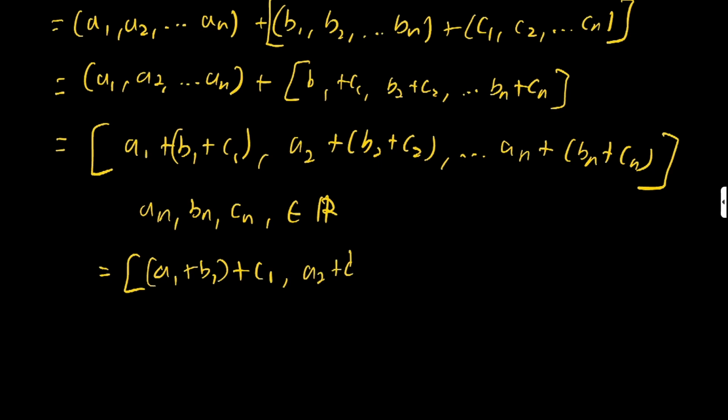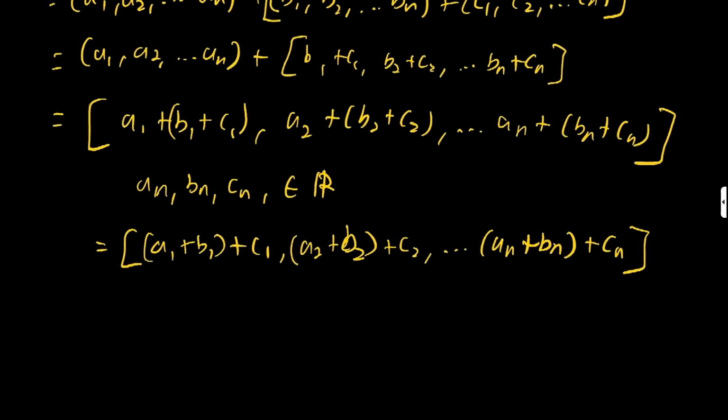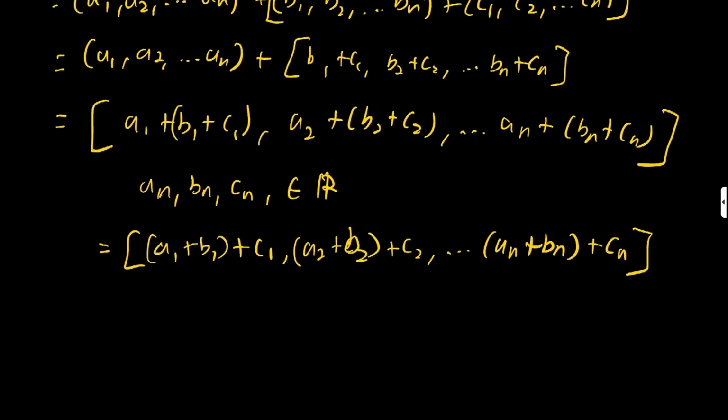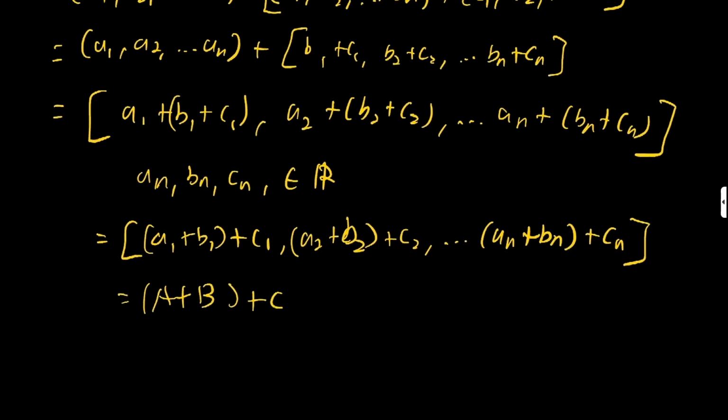A2 plus B2 plus C2, dot dot dot, A sub n plus B sub n plus C sub n. Wow, this is really annoying. And hopefully you can now see that this is just a way of saying a plus b plus c once you see how it undoes itself.